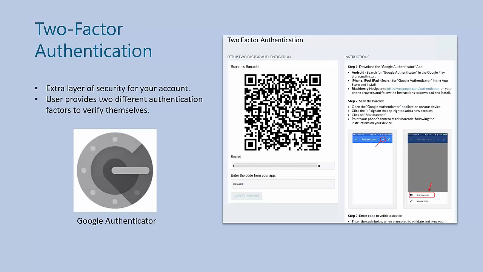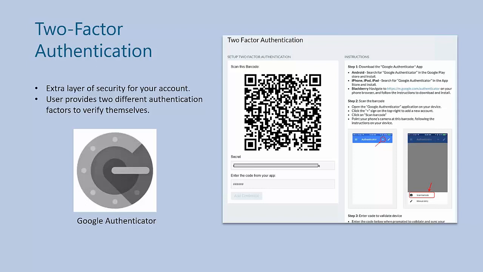Also, two-factor authentication. Hopefully with every registrar that you're dealing with, not just us, you're using some sort of two-factor authentication. So beyond your username and password login, you're also going to have another code to put in.